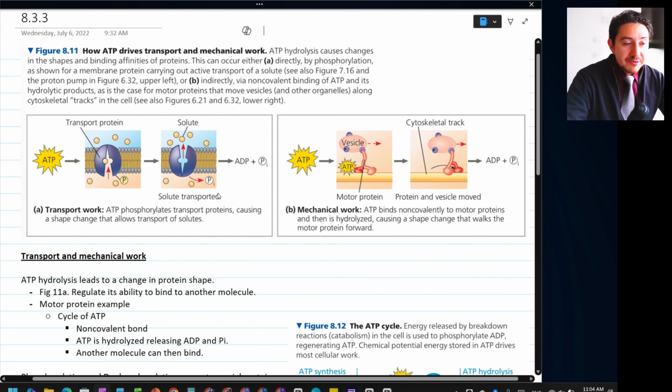After it gets phosphorylated and the work is done, the phosphate can be liberated into the cytoplasm, for example, or into the intercellular space. It could also be used for mechanical work. We're going to see motor proteins that literally move on a microtubule, or a cytoskeletal track, to move a vesicle from A to B, wherever it needs to go.